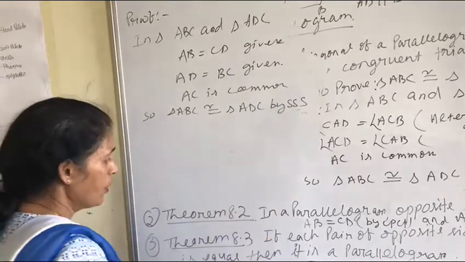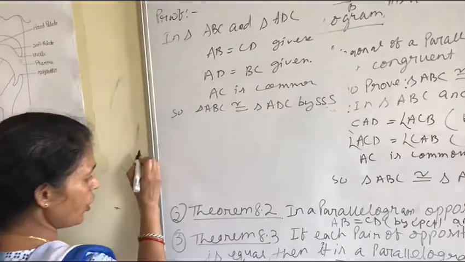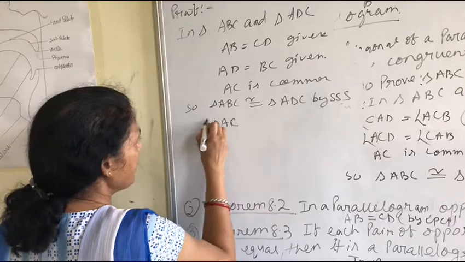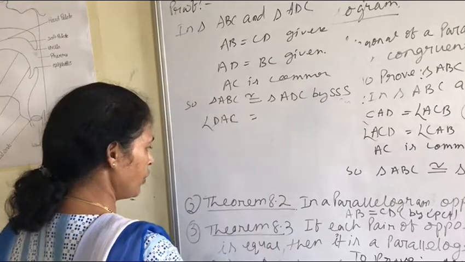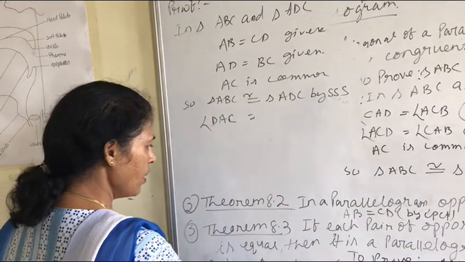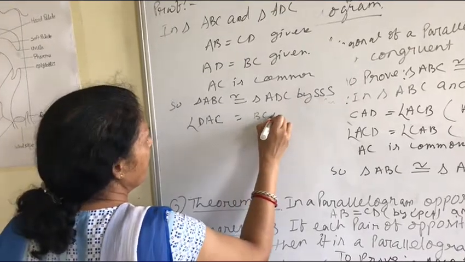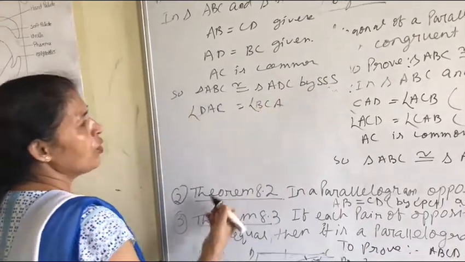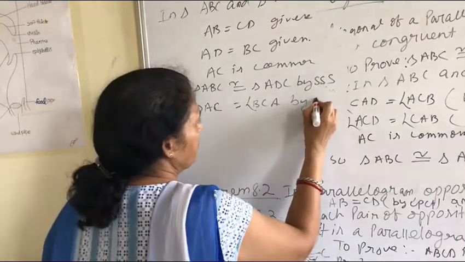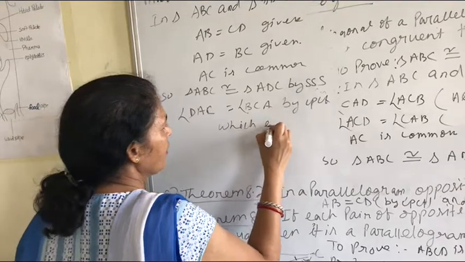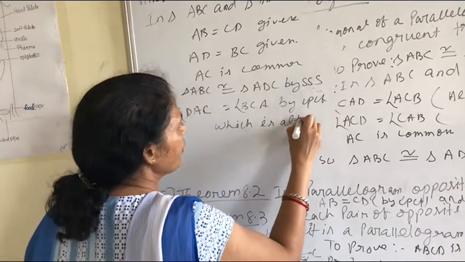Then by CPCT, angle DAC is equal to angle BCA, which are alternate interior angles.